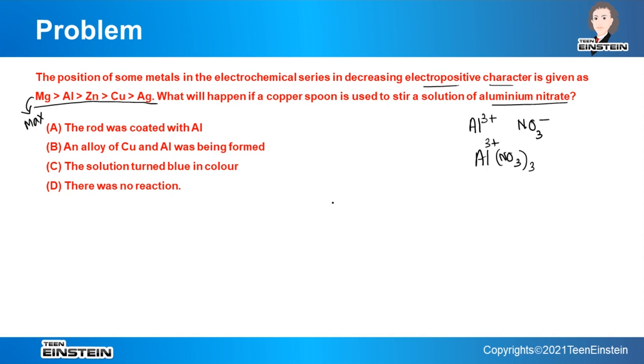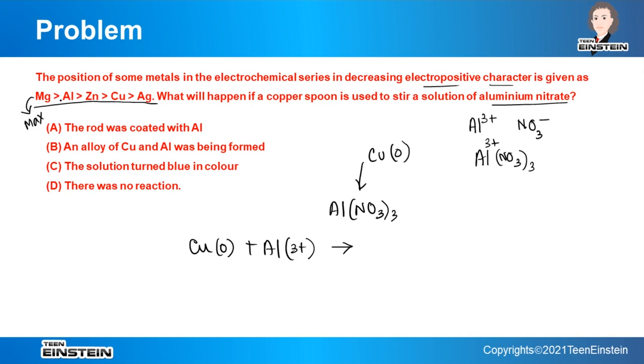Now if in this solution of aluminium nitrate, suppose we are dipping a copper spoon. Now that means that copper is in metallic state, that is 0 oxidation state. So aluminium is +3 state and copper is in 0 state. So whether there is any reaction or not, that we have to predict.